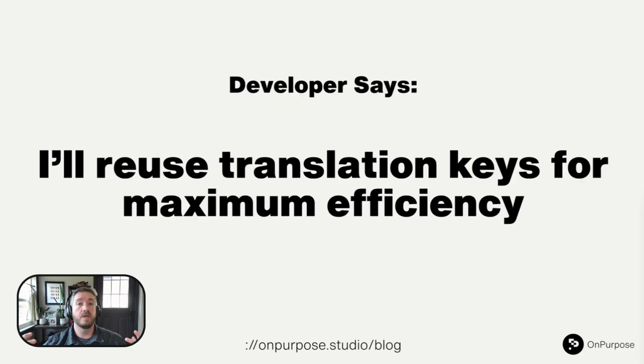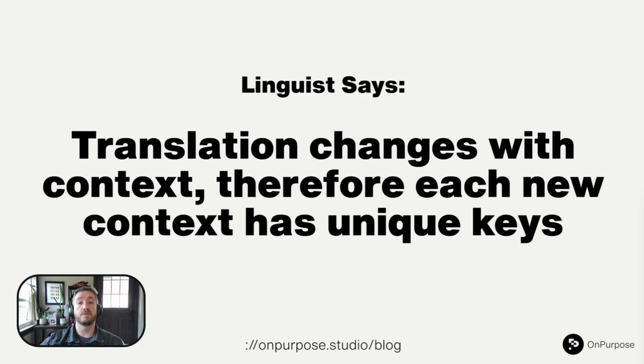That's an example of how a developer looks at this problem, and that is actually against the concept of human language. In reality, whenever a linguist works with an area over time, they aren't thinking in terms of efficiency and spreading the same key across the whole code base.